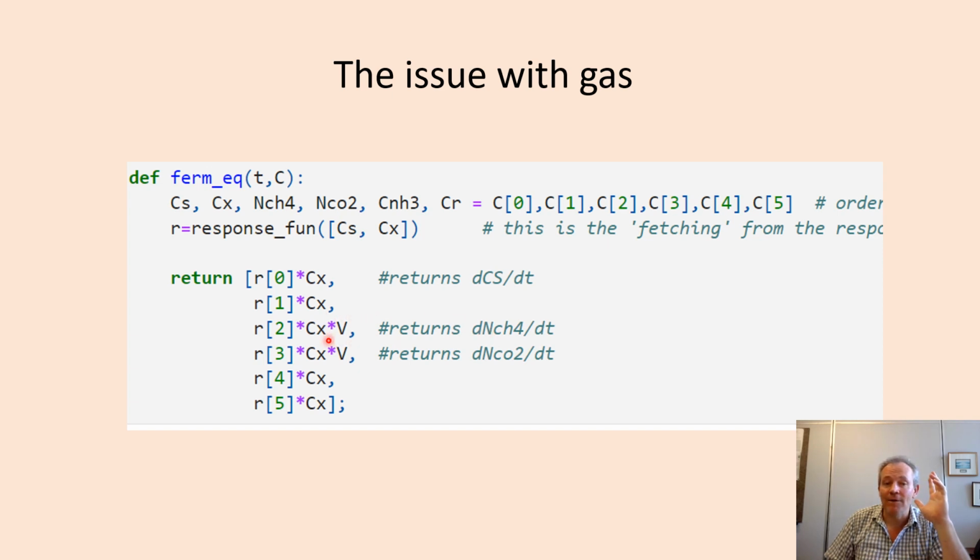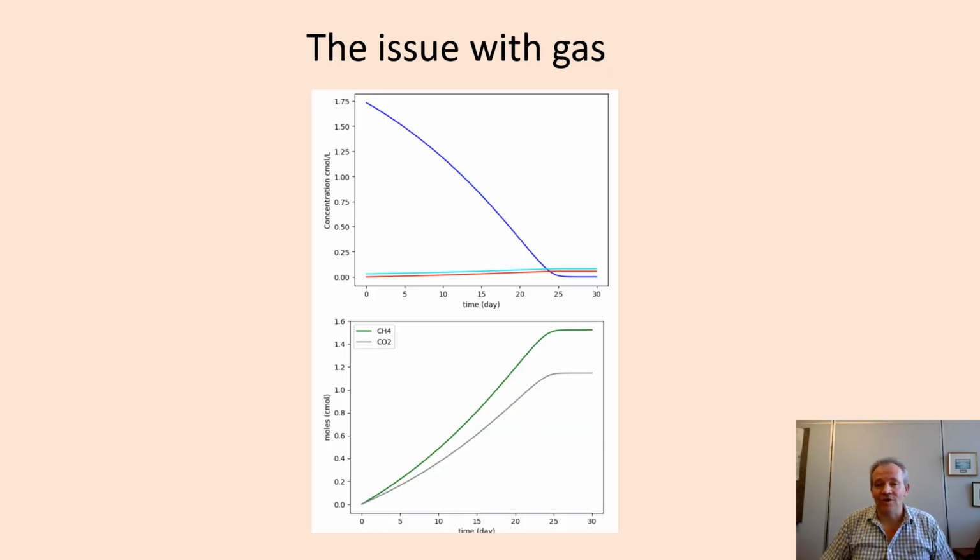That's why we multiply with a volume that will be a known quantity in your notes. So please note that the fermentation equation will always contain concentrations, except when it comes to the gases. The integration will actually give you the molar amounts. Therefore, the fermentation equation will give you the dN/dt. Very important that you see the difference.